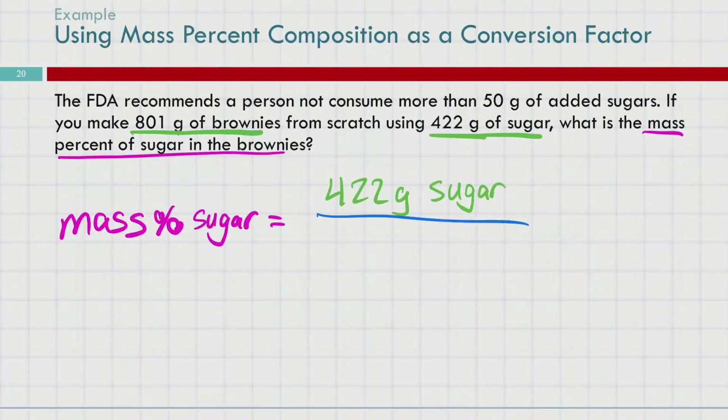Divide that by the total mass, 801 grams of brownies, and multiply by 100% to put into units of percent.